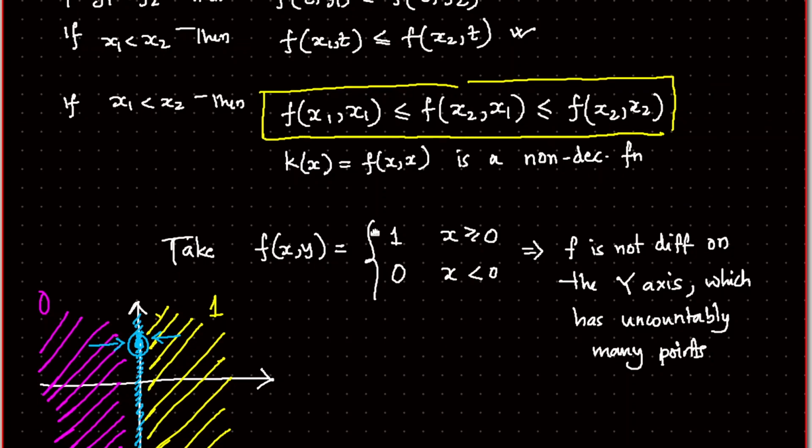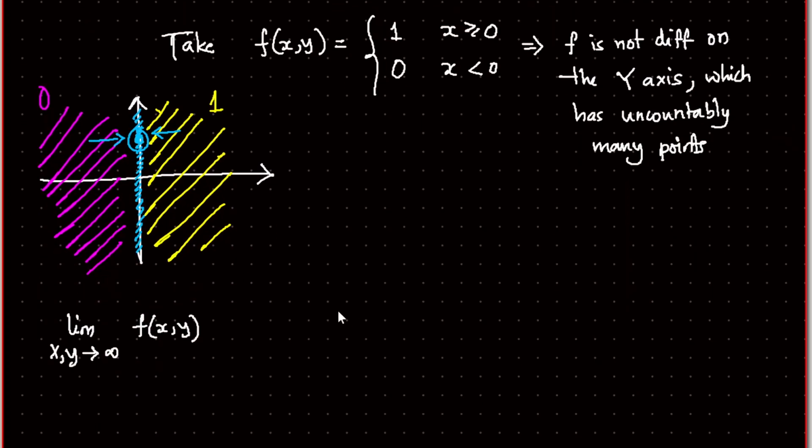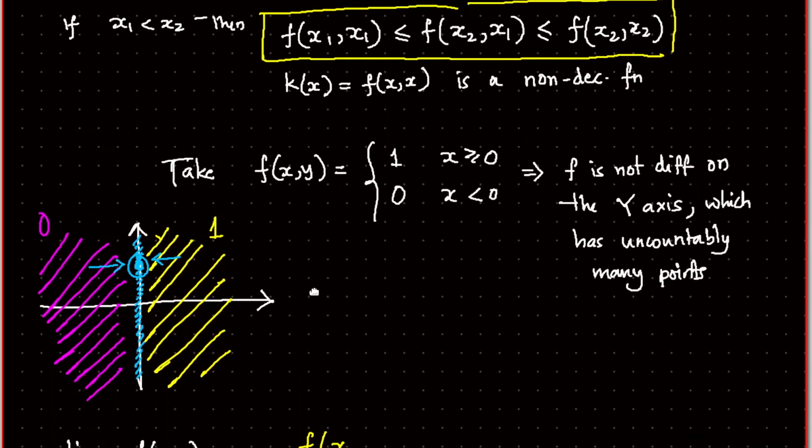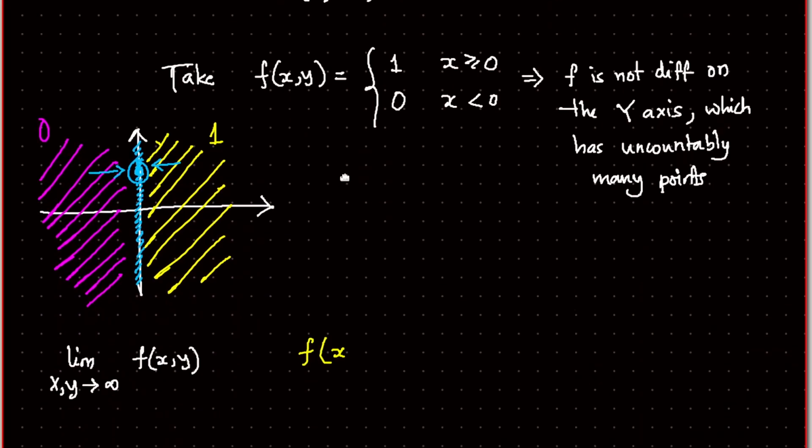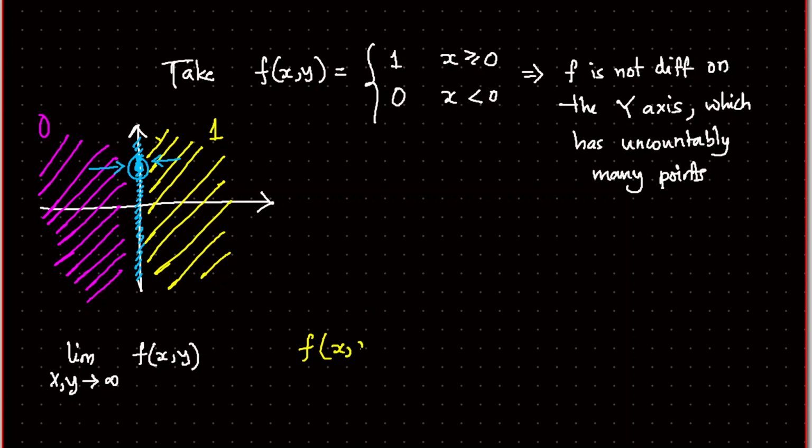From this inequality, what we can say is that f of x comma x is less than or equal to f of x comma y, which is less than or equal to f of y comma y.